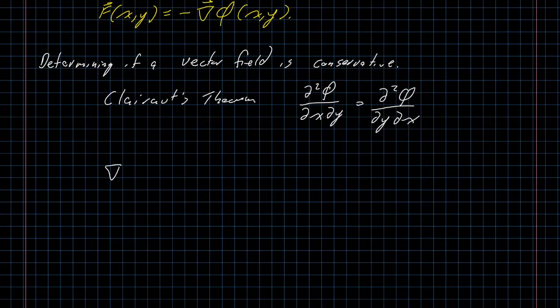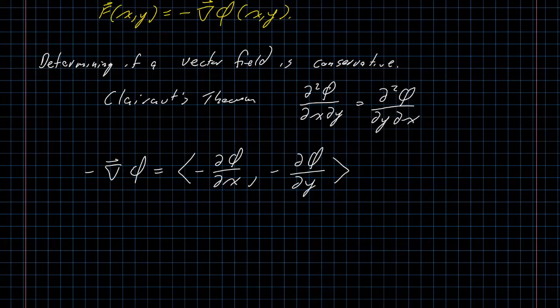Well, we know that minus del phi is the negative of partial of phi with respect to x and the negative of partial of phi with respect to y. And that's what F is.